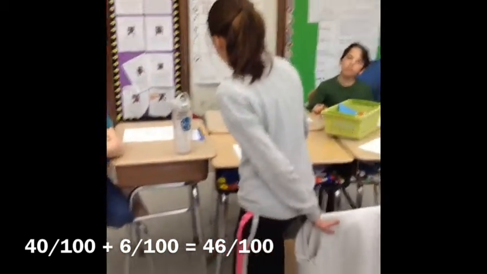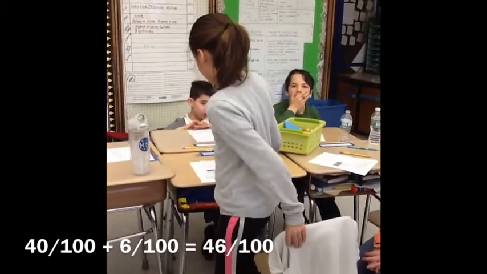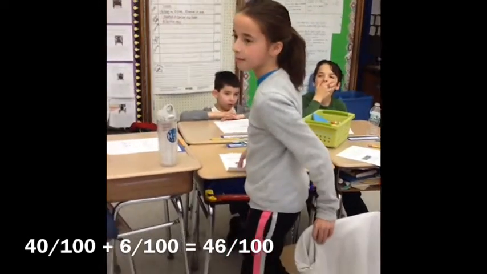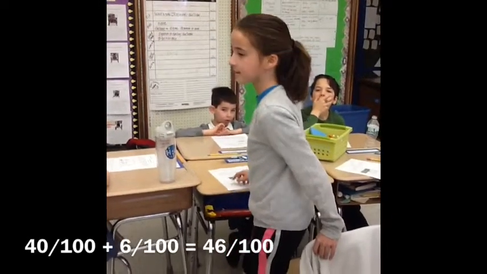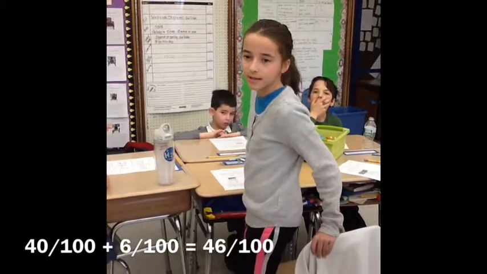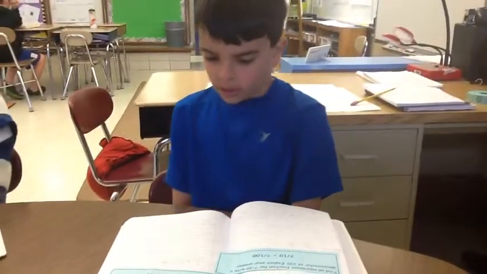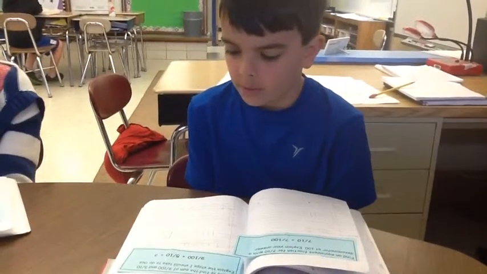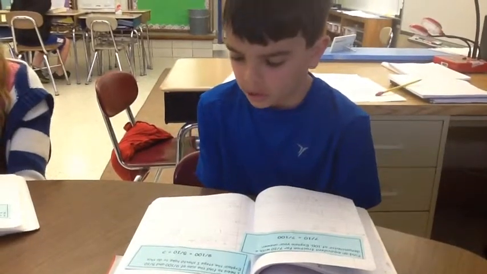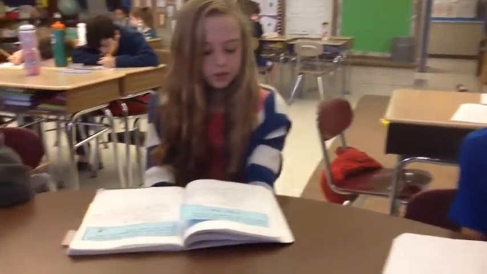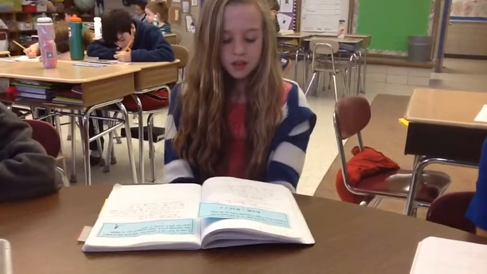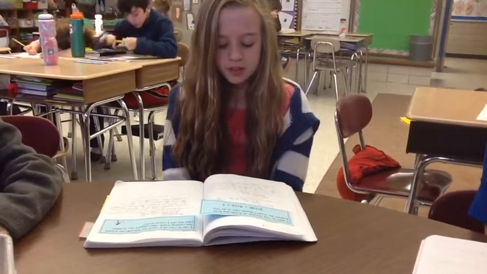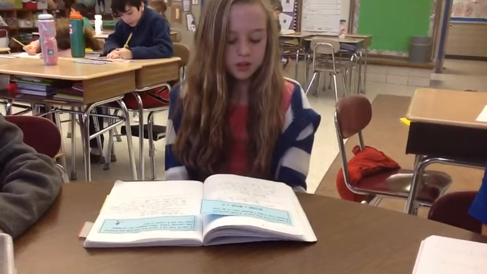I agree with Michaela because you can't add 2 different denominators, so you have to make it so you have the common denominators. I need to find the sum of 9 100ths and 5 tenths. Explain the steps I should take to do this. First, I multiplied the fraction of 5 tenths, the numerator and the denominator, by 10. That equals 50 100ths.